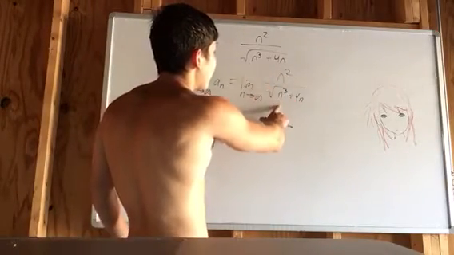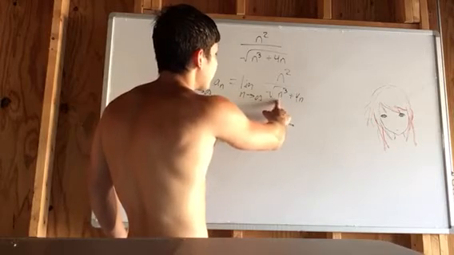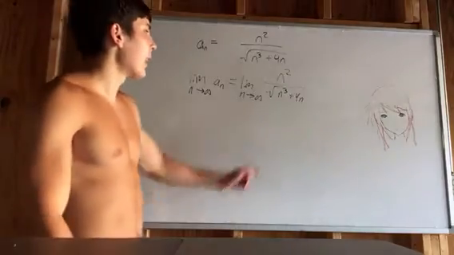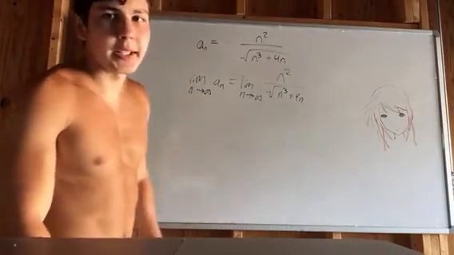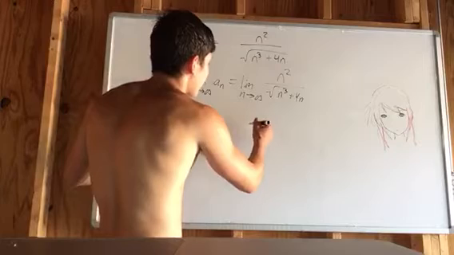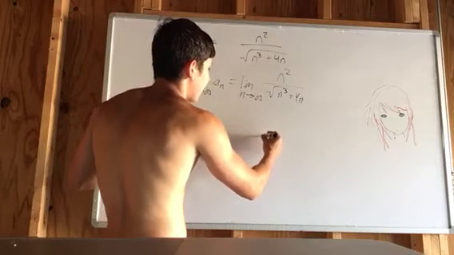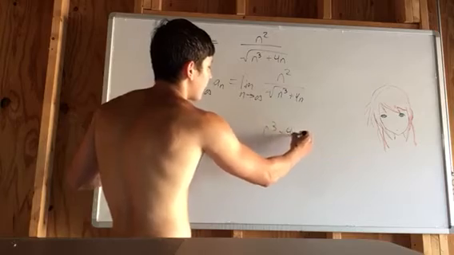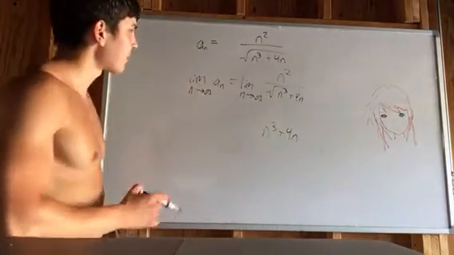But the way you do it is, first you look at what's inside of the radical. You've got n³ plus 4n. So let's just look at that portion by itself.